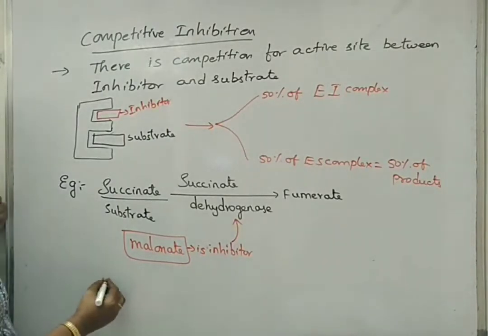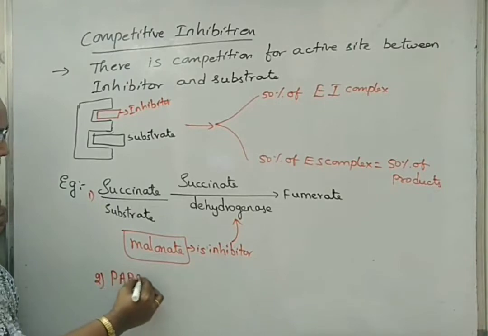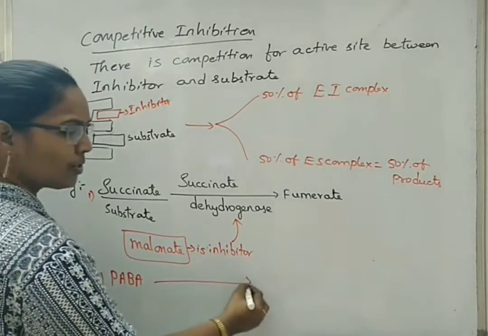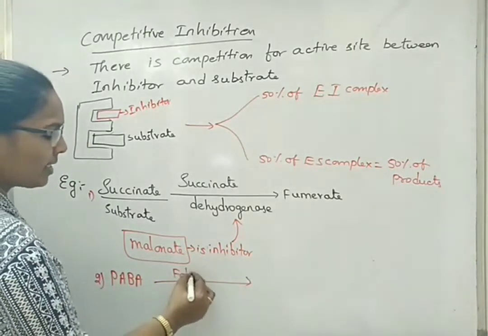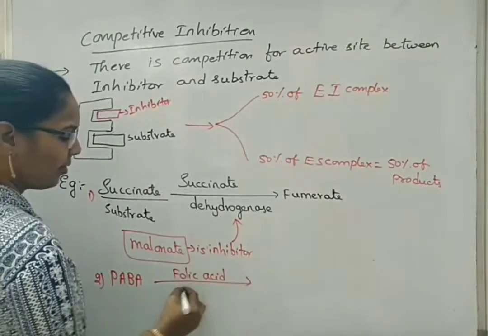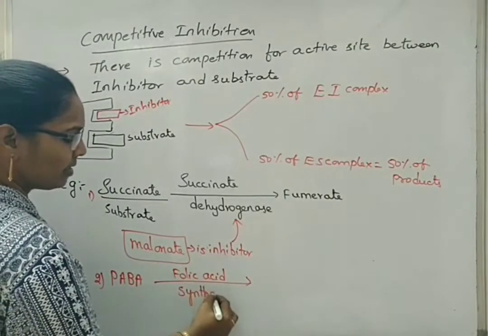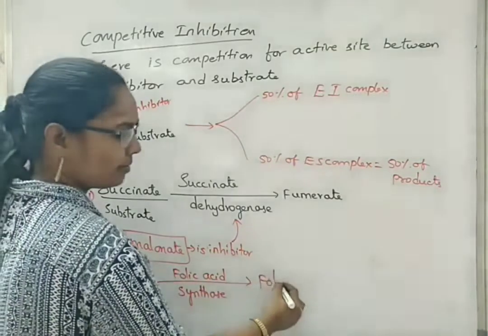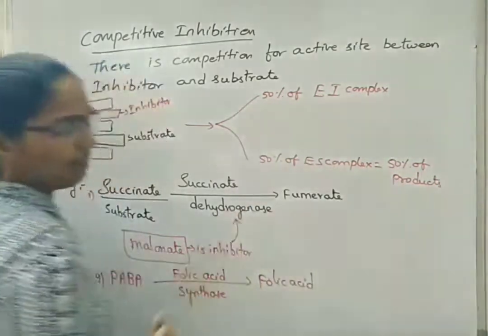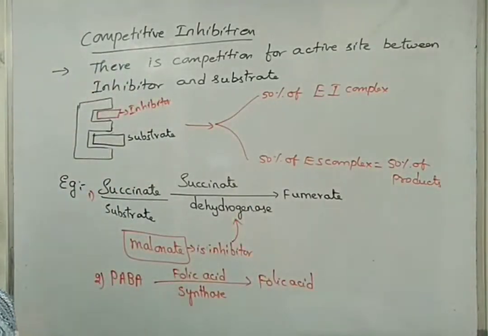Another example, second example: para-amino benzoic acid in presence of enzyme folic acid synthase, it gives folic acid. But this normally happens in animal body. But what is happening?